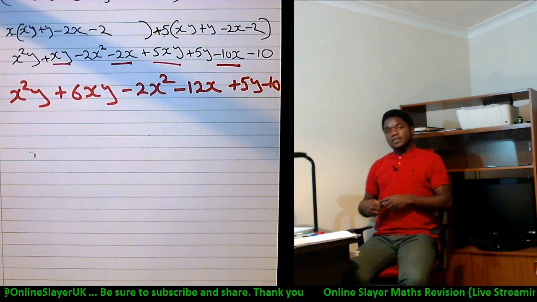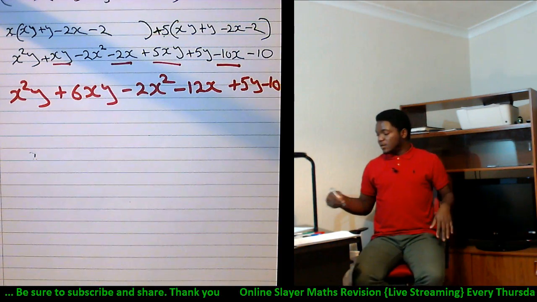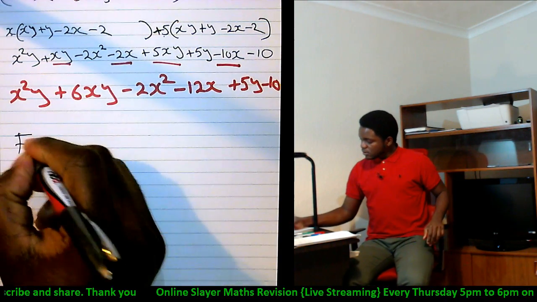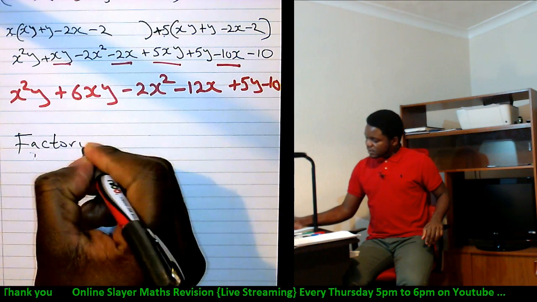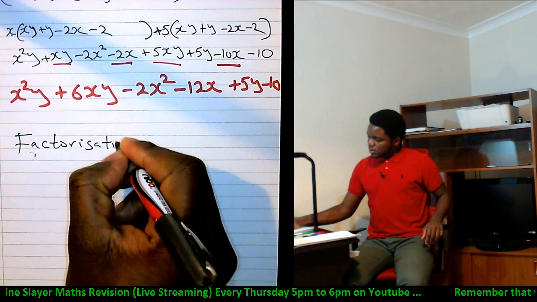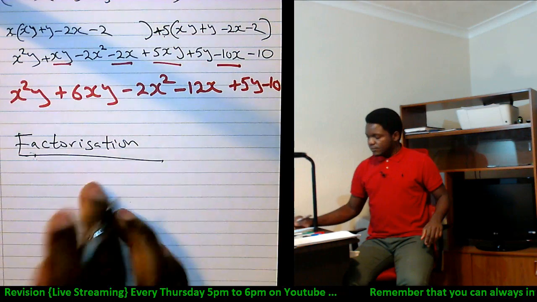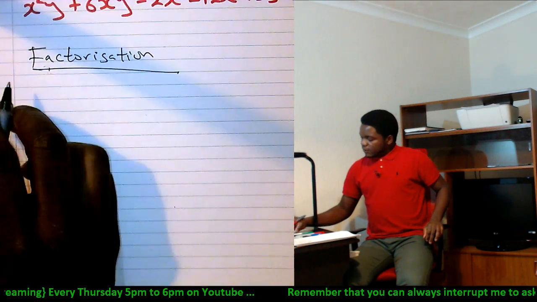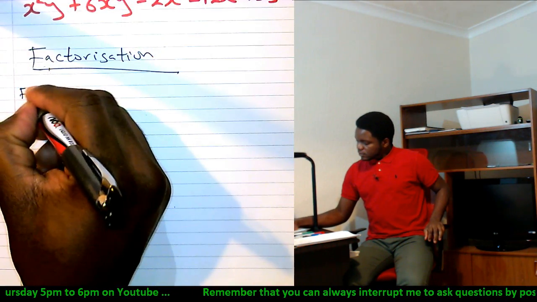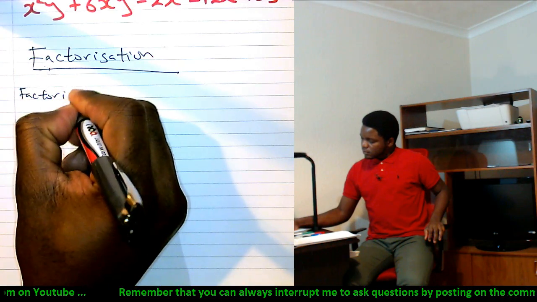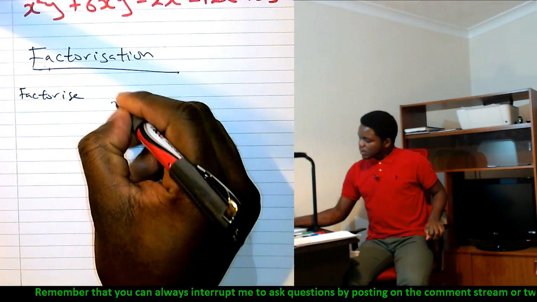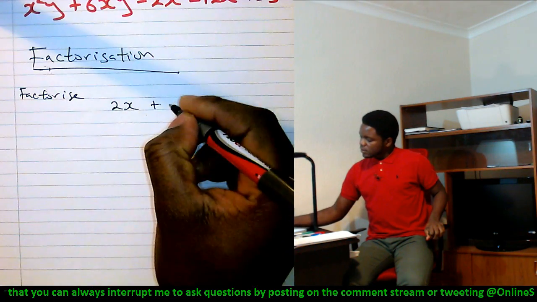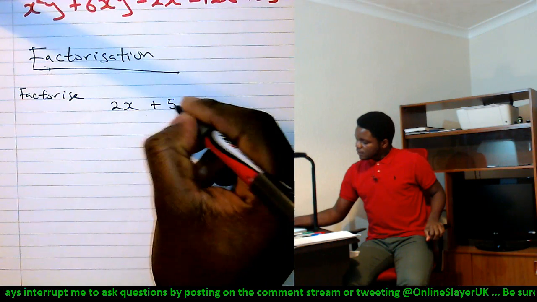It could be complex and it could be made so easy. For instance, factorization. Factorize 2x plus 5xy.